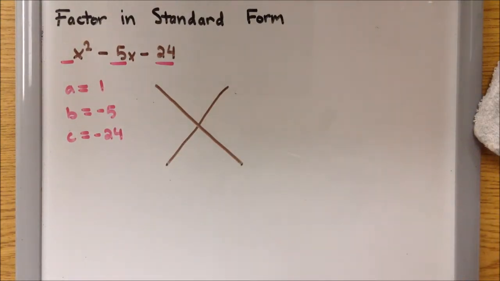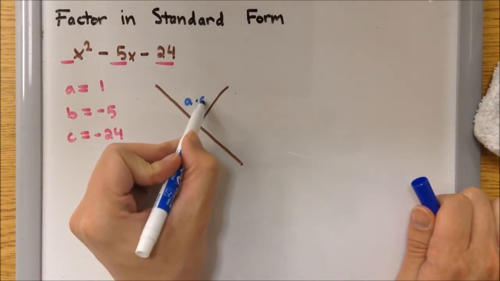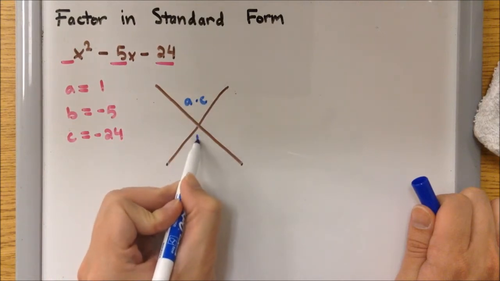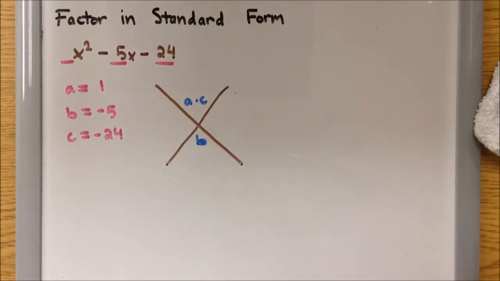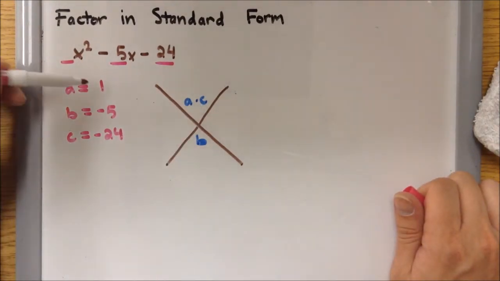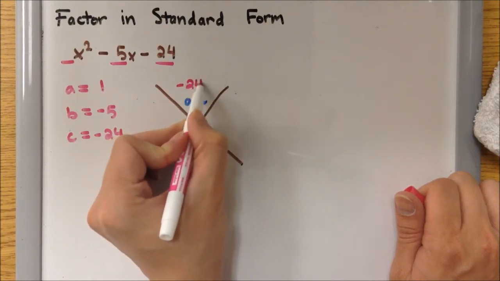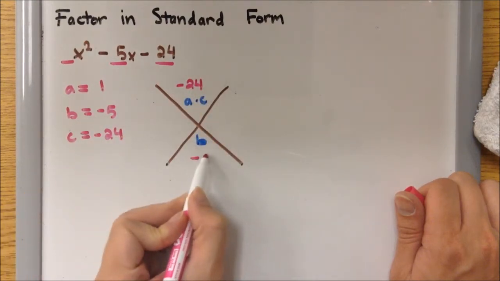In our x table, what we're going to label in the top part is A times C, and the bottom part is B. On the top part, A times C, so 1 times -24 would be -24, and our B value would be -5 down here.